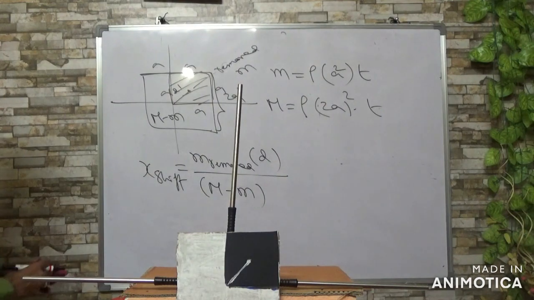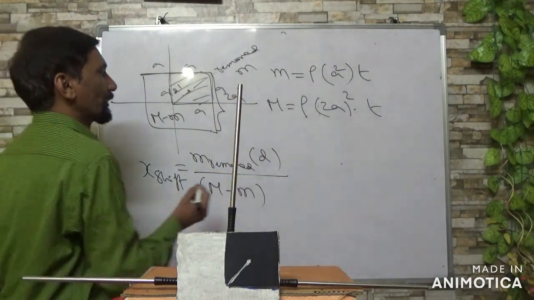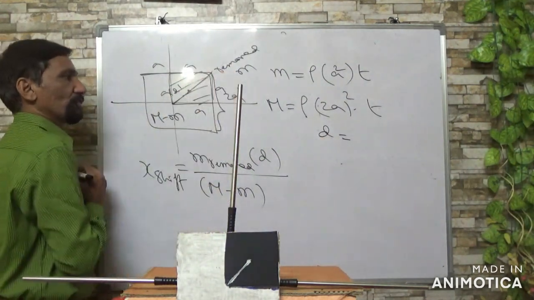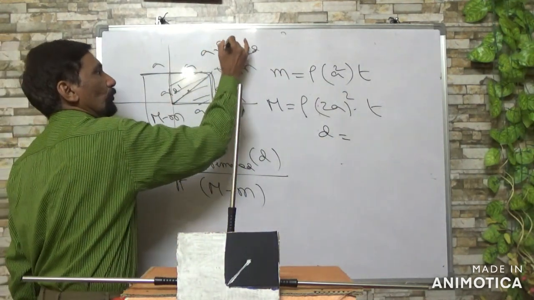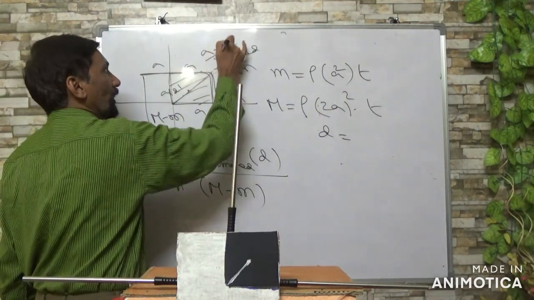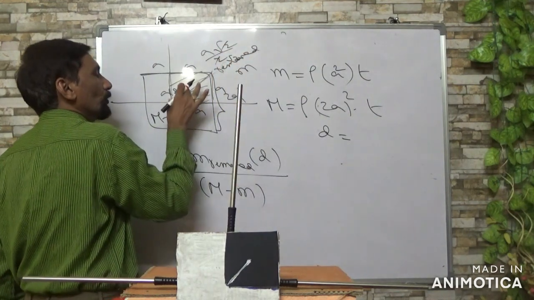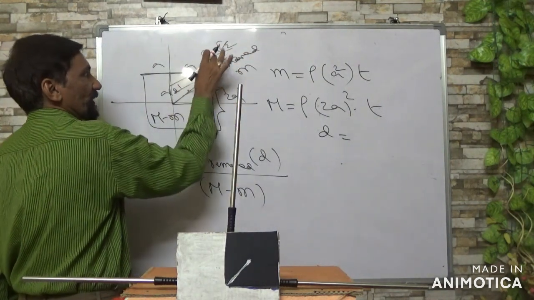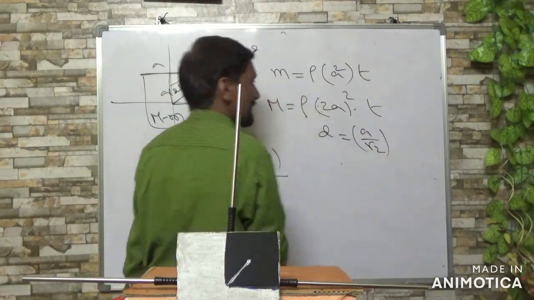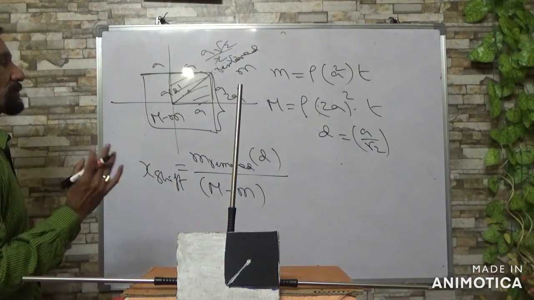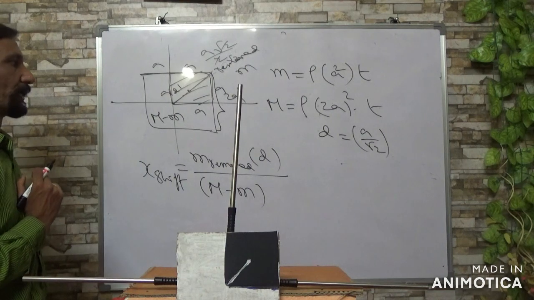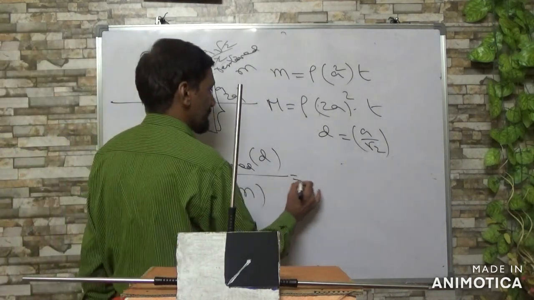Now about distance: the diagonal of a square is side into root 2, so a root 2, and half of that you want, because you want to know only up to the center, so d is a by root 2. So d is also known to us, nothing but a by root 2. Now substitute all this in the formula.